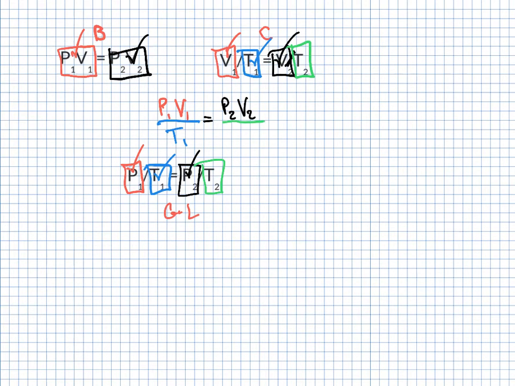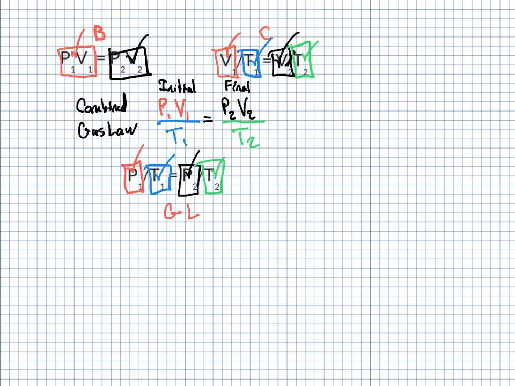And right side denominator, T2, that covers this and this. So this right here, this is the combined gas law. And as you can see, it literally is all three of those gas laws combined together. So the combined gas law is P1V1 over T1 equals P2V2 over T2. So again, we normally think of the ones as the initial conditions and the twos as the final conditions.